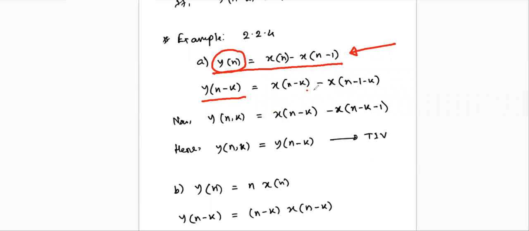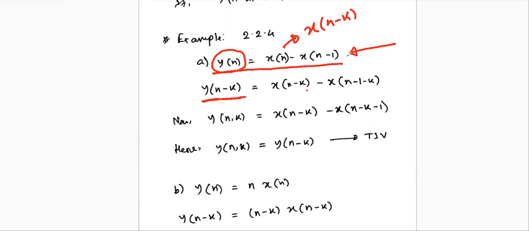Actually, what we are doing, we are shifting it. Try to understand graphically. If we want to shift our y value by k samples, the x(n) should be shifted by k samples. So we can write x(n minus k). Similarly, x(n minus 1), how many samples should it be shifted as well?